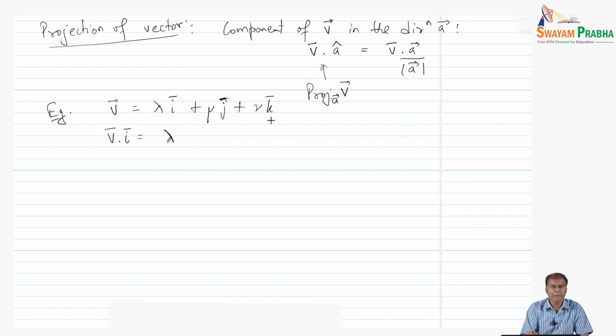We take the dot product and we see that the projection of the vector v along one of the axes is equal to the value of the component. And similarly, you can quickly check that v dot j is equal to mu and v dot k is nu, and so on. So that quickly ends the ideas of projection.